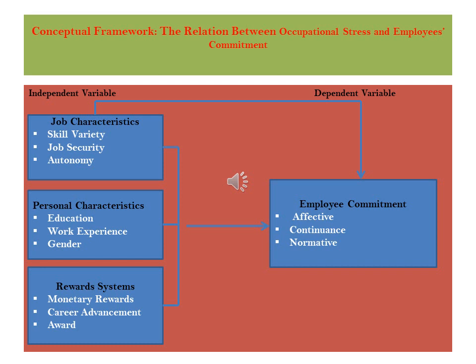But there's only 1 dependent variable for any given study if the objectives are well constructed. So that in our case, we have job characteristics, our first independent variable, personal characteristics, our second independent variable, and then reward systems as our third independent variable. Then our dependent variable is employee commitment.